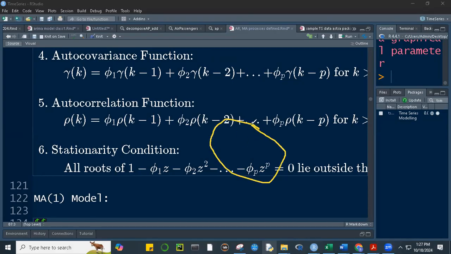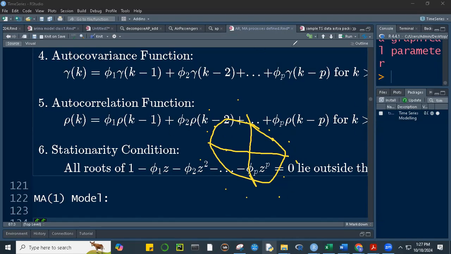So you have your unit circle here. The solutions should all be outside the unit circle. I'll explain this more, class, later on, but that's what it means. So Z equal to 1 is not allowed, and inside the unit circle is not allowed.